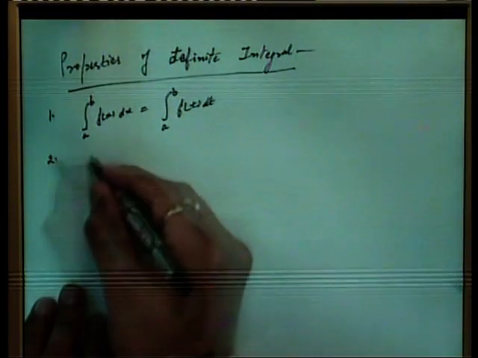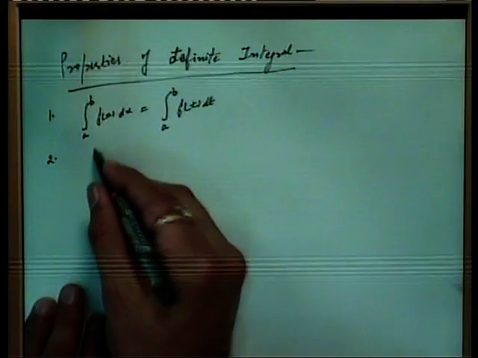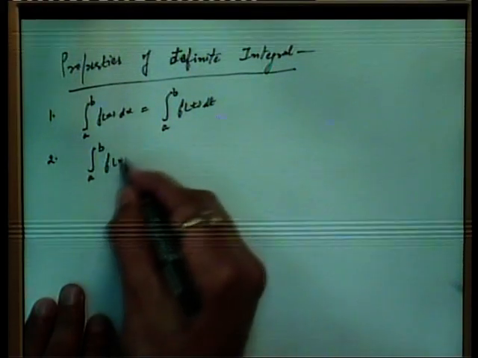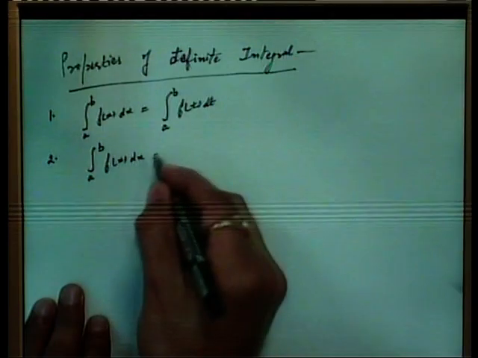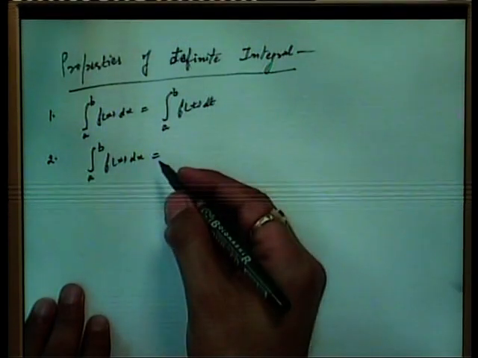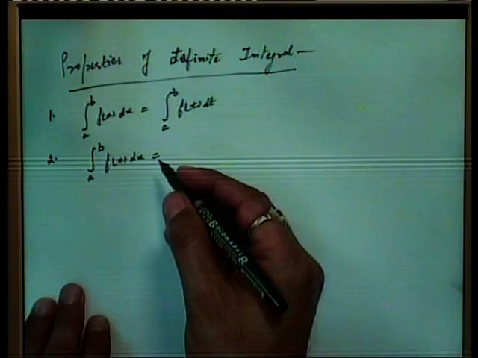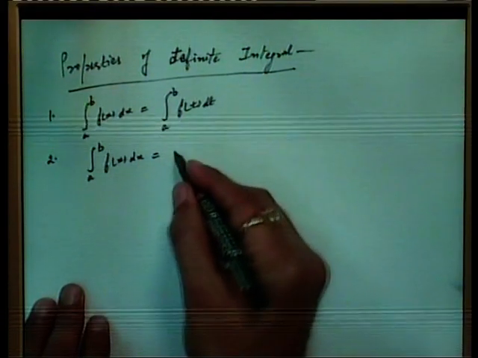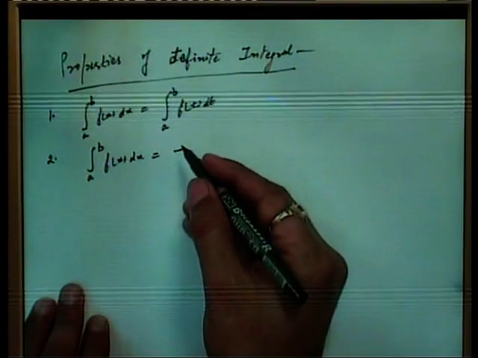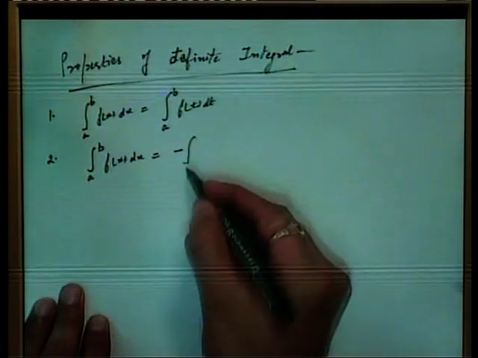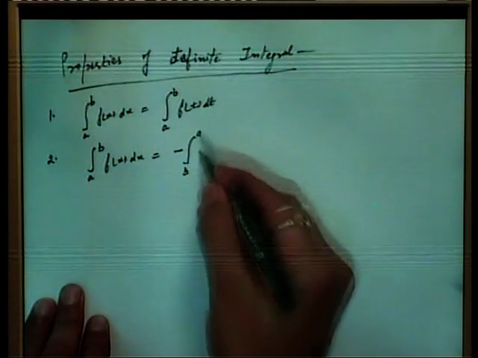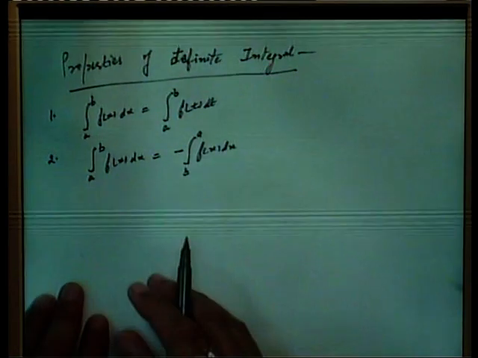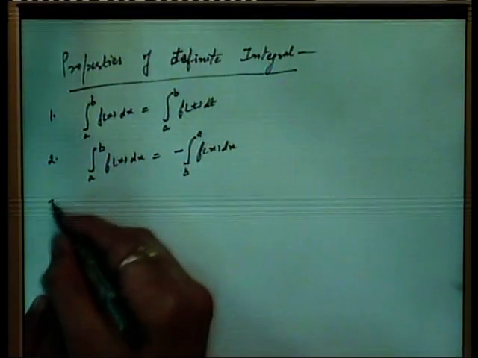Similarly, the second property: for the integral from a to b of f(x) dx, if we interchange the lower and the upper limit, the value of the definite integral changes by a negative sign. That is, the integral from a to b of f(x) dx is equal to minus the integral from b to a of f(x) dx. This is the second property.